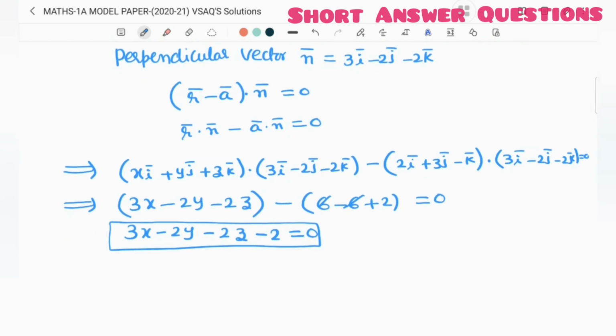Till here you will get 3 marks. They are asking the perpendicular distance. Keep that as equation number 1.